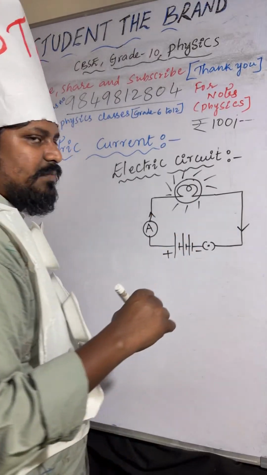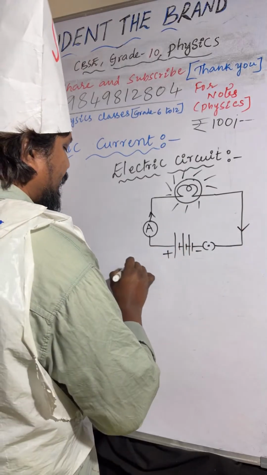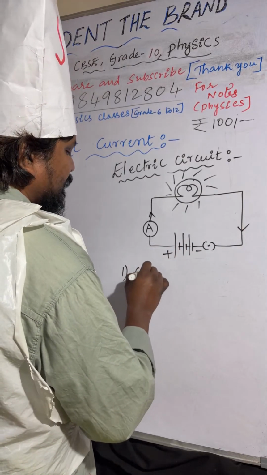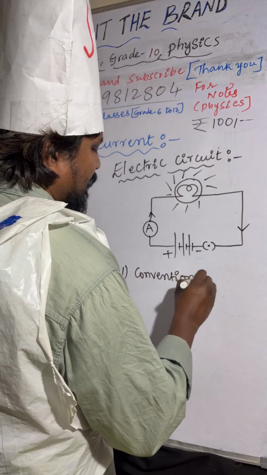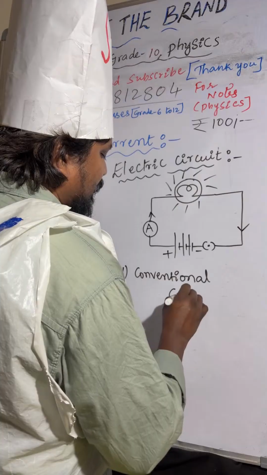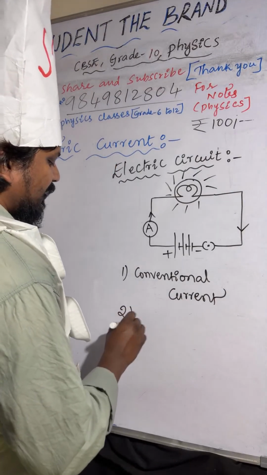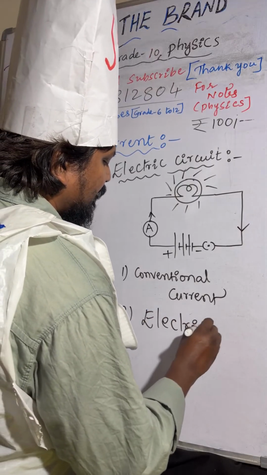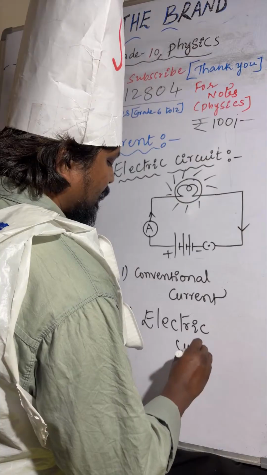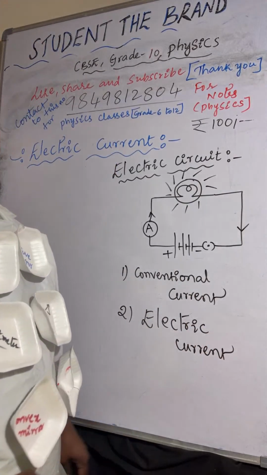Now you can observe here there are two types of current. One is conventional current. Second one is electric current.